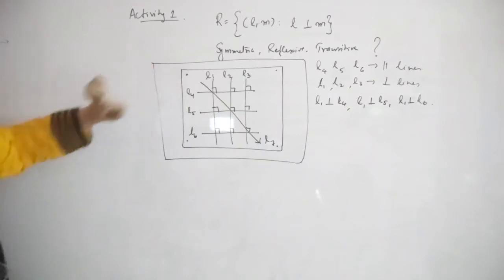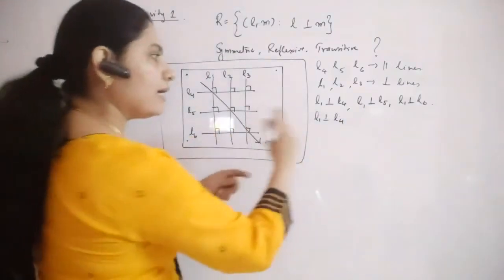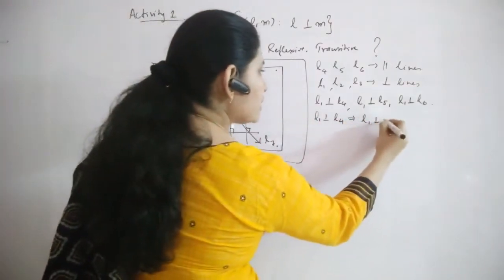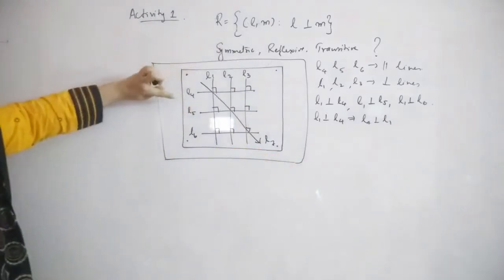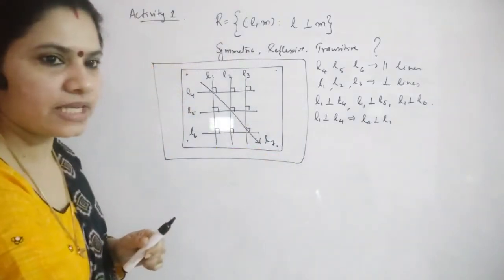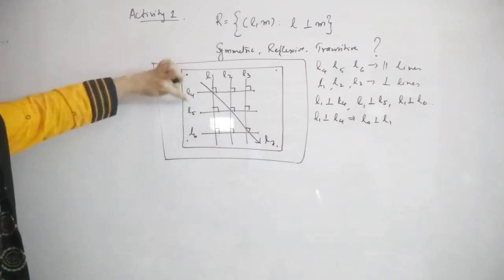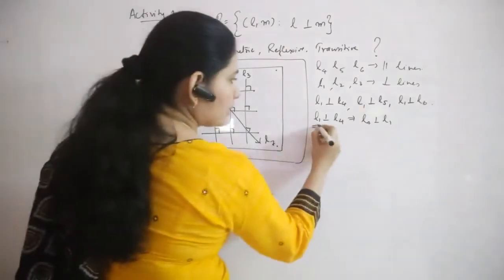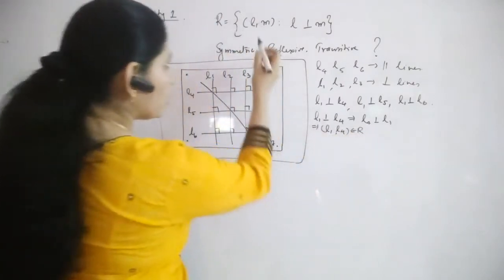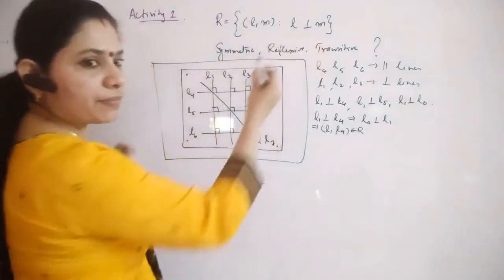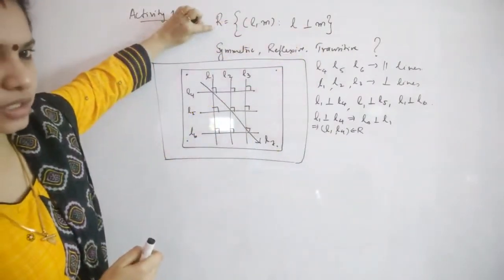Now when I say L1 is perpendicular to L4, can I say L4 is perpendicular to L1? L1 perpendicular to L4 gives you L4 also perpendicular to L1. That means if L1, L4 belongs to R, what is R? If you have perpendicular lines, they have a relation between them.